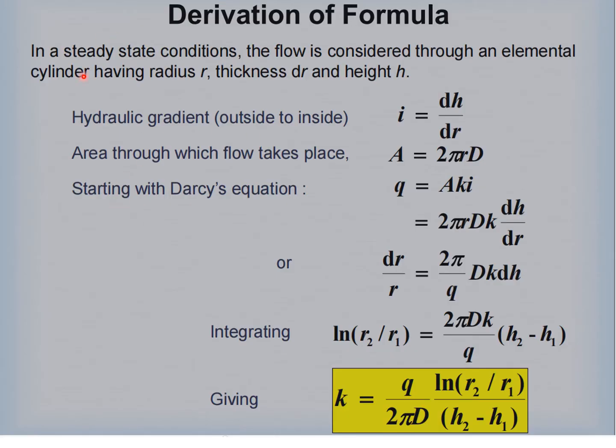Okay, look at this. This is the derivation of the formula. In a steady state condition, the flow is considered through an elemental cylinder having radius r, thickness dr, and height h.